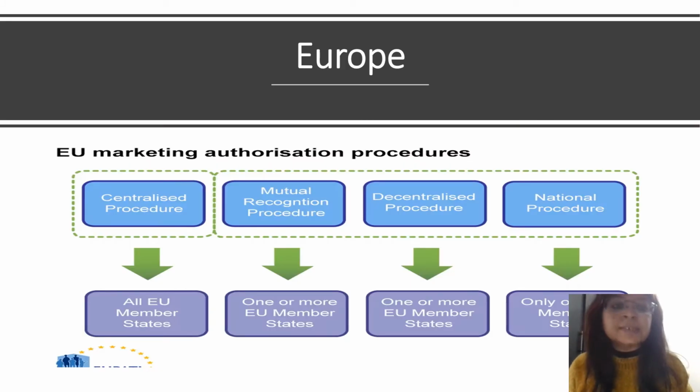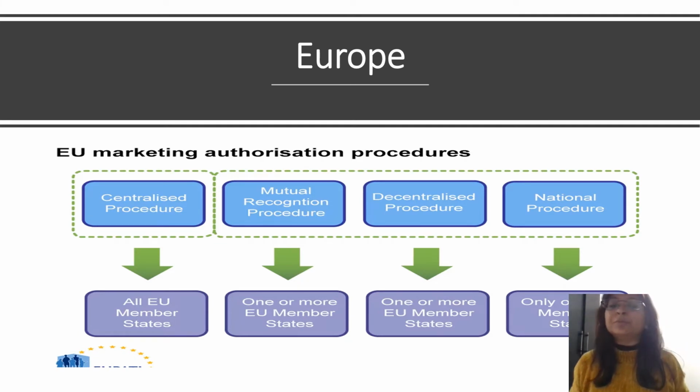My dear students, there are these 4 ways. Let us try to understand, if you are applying as a pharmaceutical company, in how many member states you are able to reach. The first thing you should be completely aware of is that if you go through the centralized route, as the term indicates, you will be reaching all the EU member states, all 27 member countries.